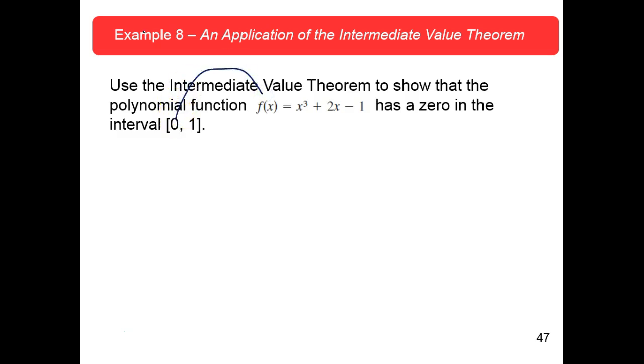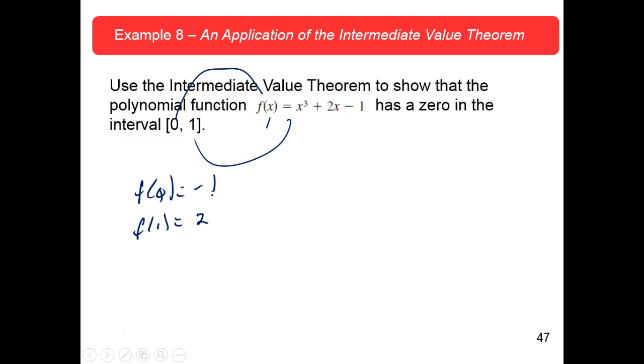Plug in the 0, plug in the 1. What is f(0)? Negative 1. What is f(1)? 2. That'd be 1 minus 2 plus 2 minus 1, which is 0... working it out, f(1) is 2.